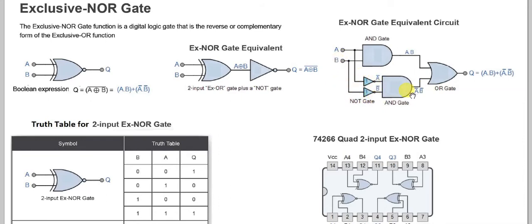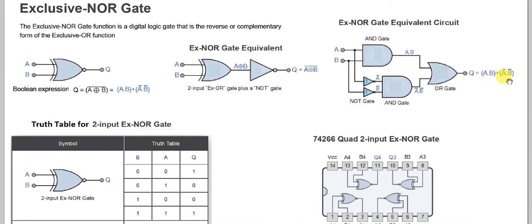The outputs of these two AND gates are fed to the OR gate. AB goes to one input of the OR gate, and A complement dot B complement goes to the second input of the OR gate. We get the resultant Q, the output, which is A and B, or A complement and B complement. So this is the logical expression.